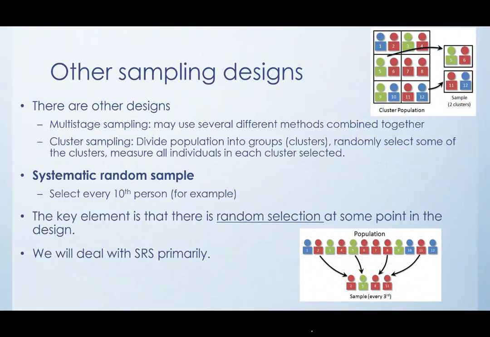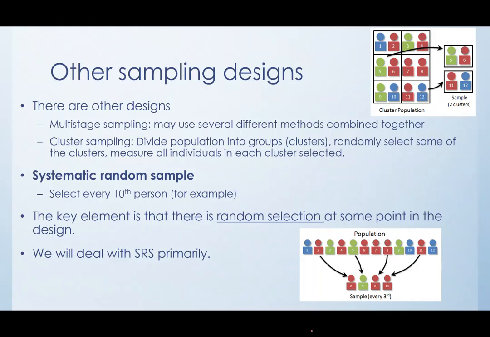Okay, some other sampling designs. There are lots of other designs. Multi-stage sampling: basically, if it's sounding really complicated, it's probably a multi-stage sample. That technique uses several different methods that are combined together.